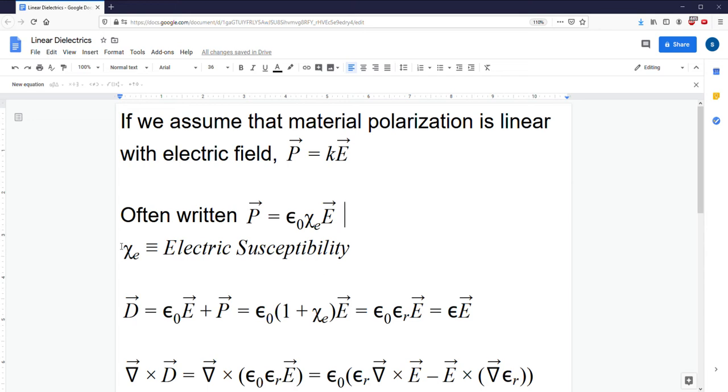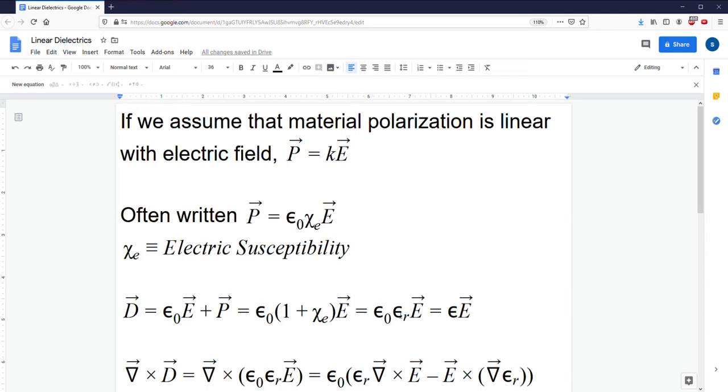Now, if you'll recall, the relationship between the electric displacement, electric field, and polarization was this formula right here. Electric displacement is equal to epsilon naught times E plus P. Well, if P is written out in this form, then we can say that the electric displacement field is equal to epsilon naught times this quantity, 1 plus chi, 1 plus the electric susceptibility, times the electric field.